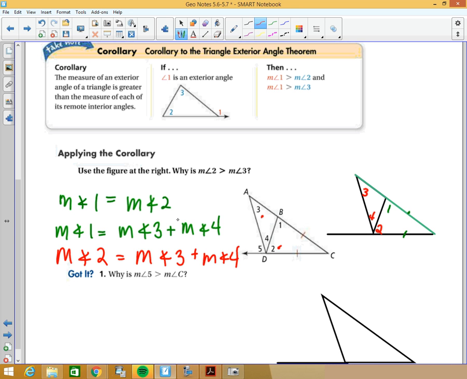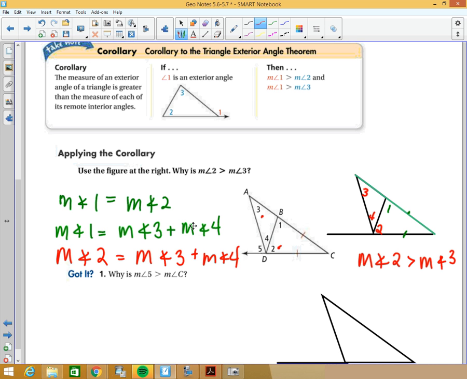Based on our inequality property, what does that mean about 2 and 3? Therefore, the measure of angle 2 is greater than the measure of angle 3. Oops, that's a backwards angle. Now, this isn't a proof. This is a justify, just show.